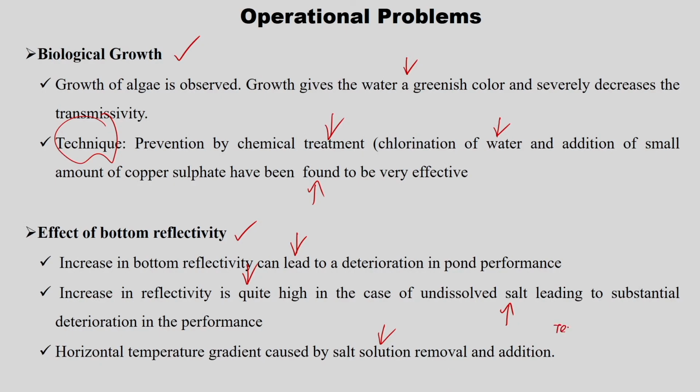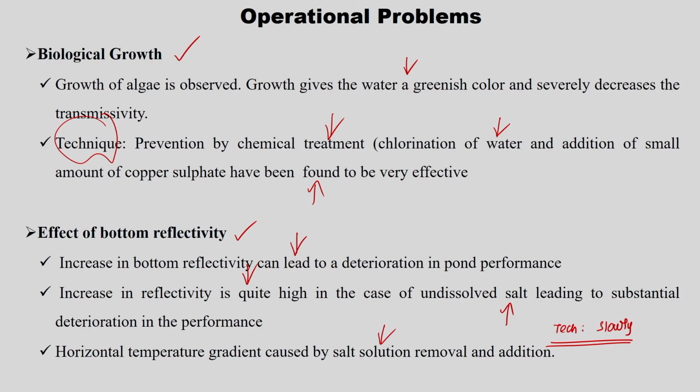So, what is the technique to be followed? Do it slowly. When you add or remove the salt, it should be done slowly to avoid the horizontal temperature gradient. What we require is only a vertical temperature gradient.